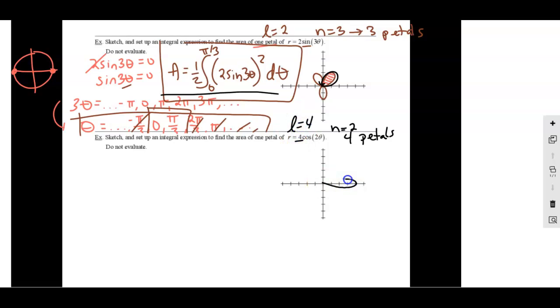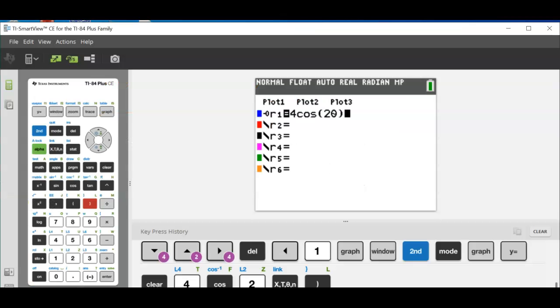So this one's going to go out to 4, then it's going to go down to 4. Remember, all the petals are equally spaced and congruent. If there's 4 of them, that means they're 90 degrees apart, right? So one of them's on the positive x-axis, and the other ones are going to be equally spaced. So therefore, they're all going to be on the axes.